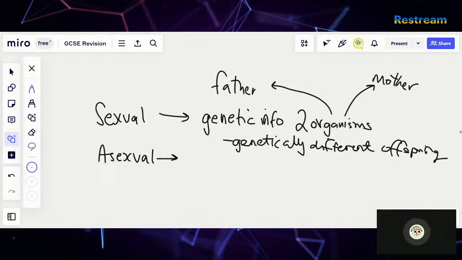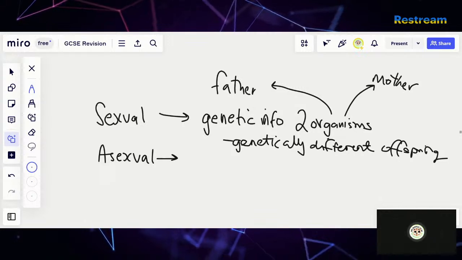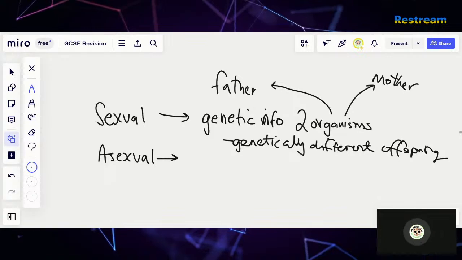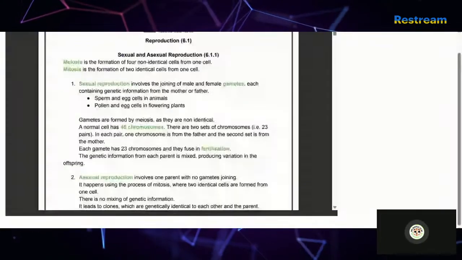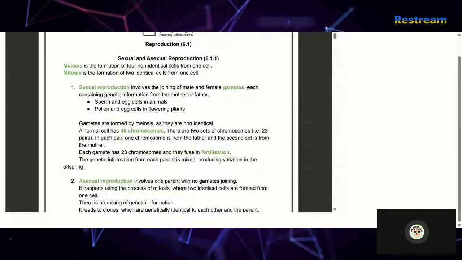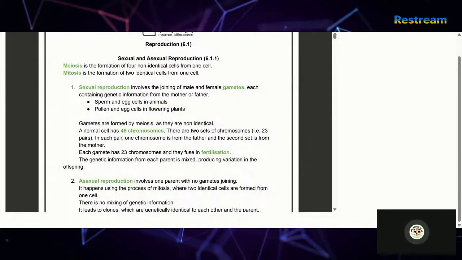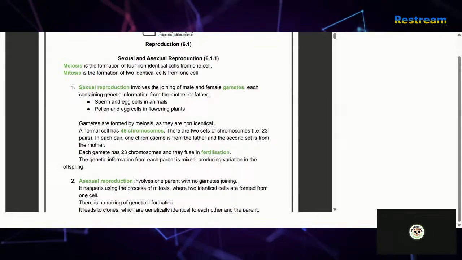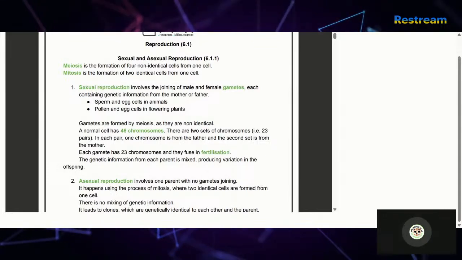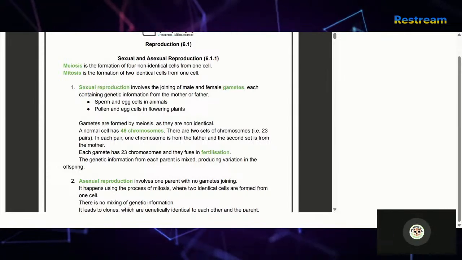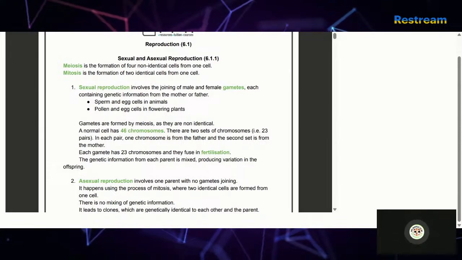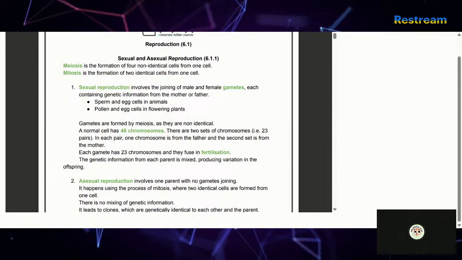Now, in sexual reproduction, the mother and father produce gametes by meiosis. You can see the process of meiosis in the notes here. Meiosis is the formation of 4 non-identical cells from one cell, whereas mitosis is the formation of 2 identical cells from one cell. So meiosis is how sex cells are produced, egg cells and sperm cells.